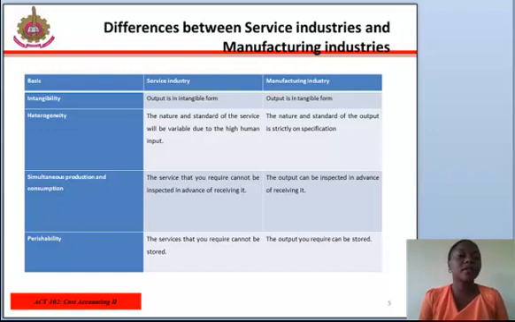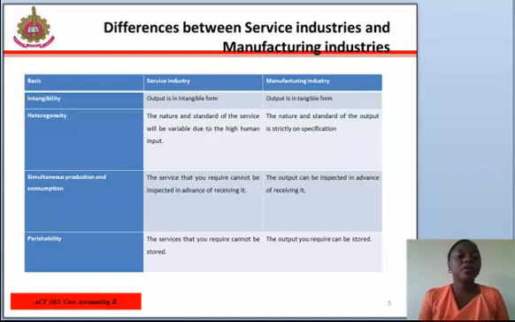Now, on the basis of intangibility, service industry output is in intangible form, while for manufacturing industry, the output is in tangible form. Heterogeneity: for service industry, the nature and the standard of the service will be variable due to high human input, while for manufacturing industry, the nature and the standard of the output is strictly on specification.